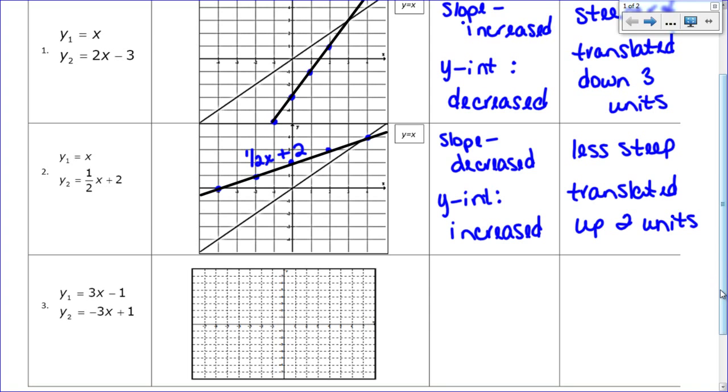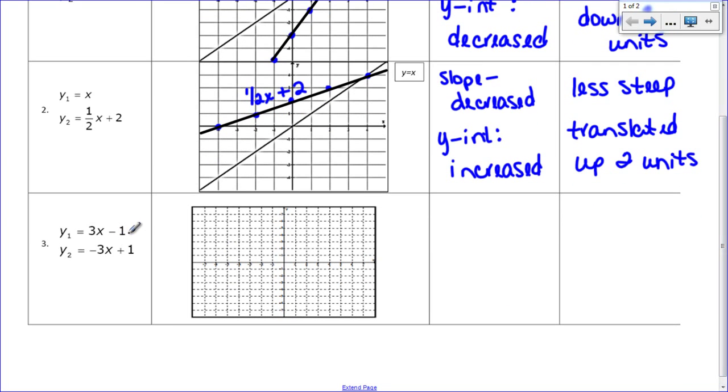Now the next one's where it gets really interesting, because now I don't have a parent function to start with this time. I'm just starting with 3x minus 1, and then I'm going to do negative 3x plus 1. So we're going to do both of these and talk about what happened. So the 3x minus 1, starting point is down here at negative 1 for the y-intercept. Then my slope is 3, so I'll go up 1, 2, 3, and over 1.